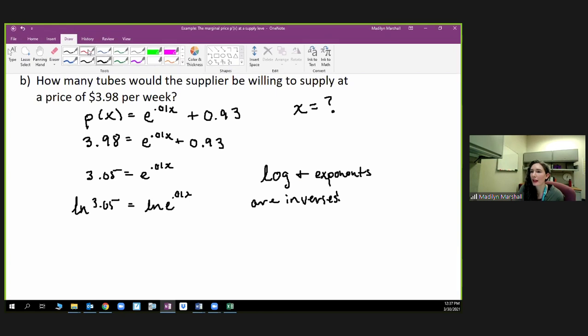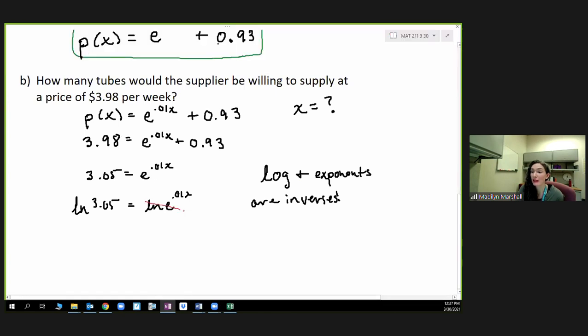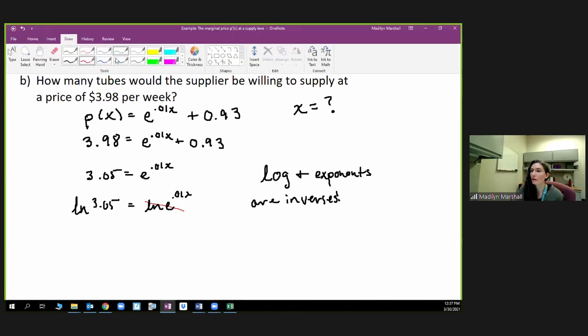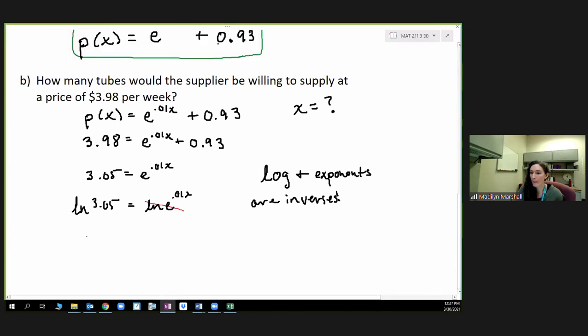And ln and e have the same base, so they just cancel each other out. And then x is going to equal ln 3.05 divided by 0.01.